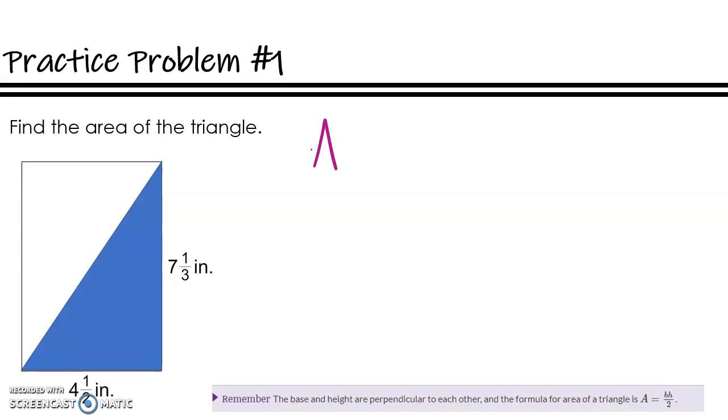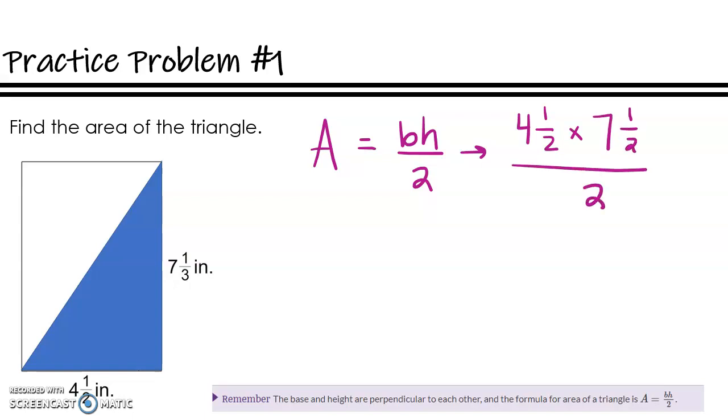So for this one, we are going to be doing the base times the height divided by 2. That is 4.5 times 7 1/3 divided by 2, and I'm going to multiply first. So 4.5 and 7 1/3 need to be made into improper fractions. 2 times 4 is 8, plus 1 is 9. 7 times 3 is 21, plus 1 is 22.